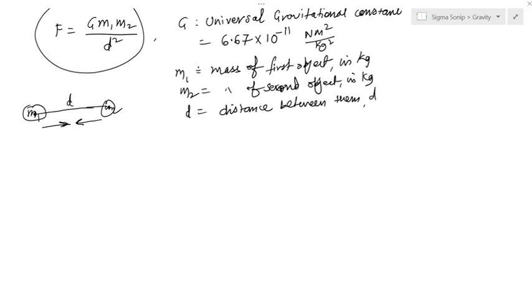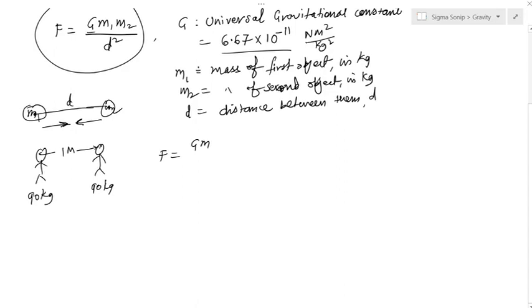Let's look at some examples, and the first example is the force between two persons. Suppose there is one man here, 90 kg is the mass, and another man here, 90 kg. The two persons are separated by 1 meter. So we plug in the values in this formula.